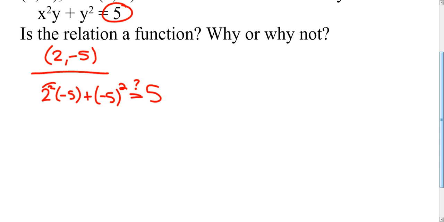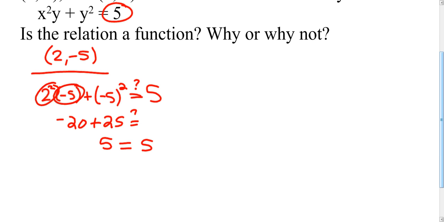Here, 2 squared is 4, times -5 is -20, plus -5 squared is 25. And so I do get that 5 equals 5. So yes, this is in the relation.